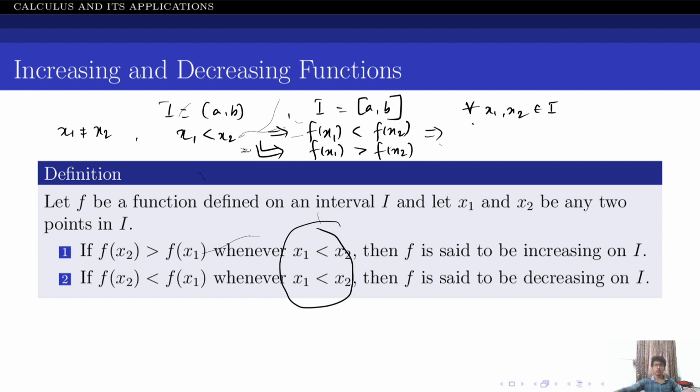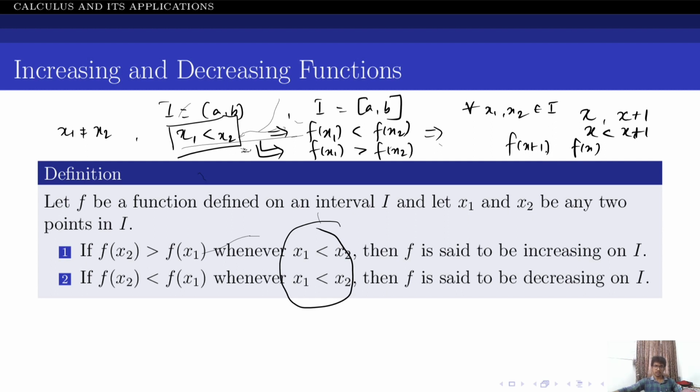Suppose you have to check whether the function is increasing or decreasing, these two are the key points that will help you. Take x1 smaller than x2, or instead, you may take x and x plus 1. You know that x is of course smaller than x plus 1, right? So find f of x plus 1 and f of x.